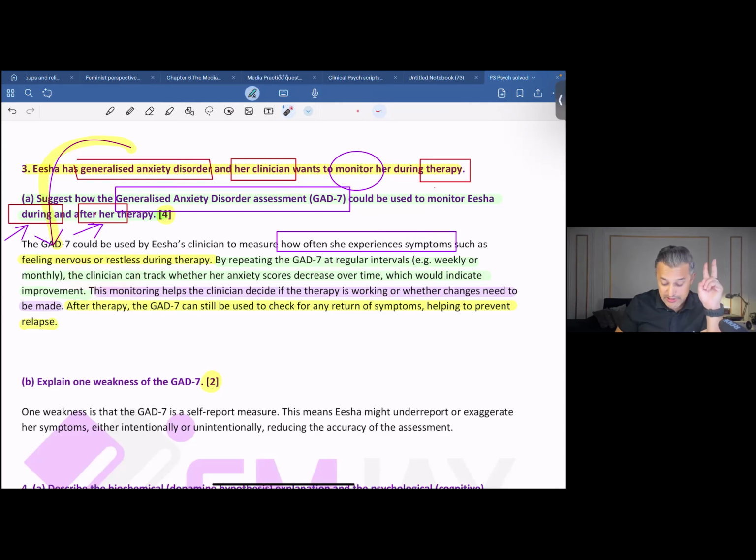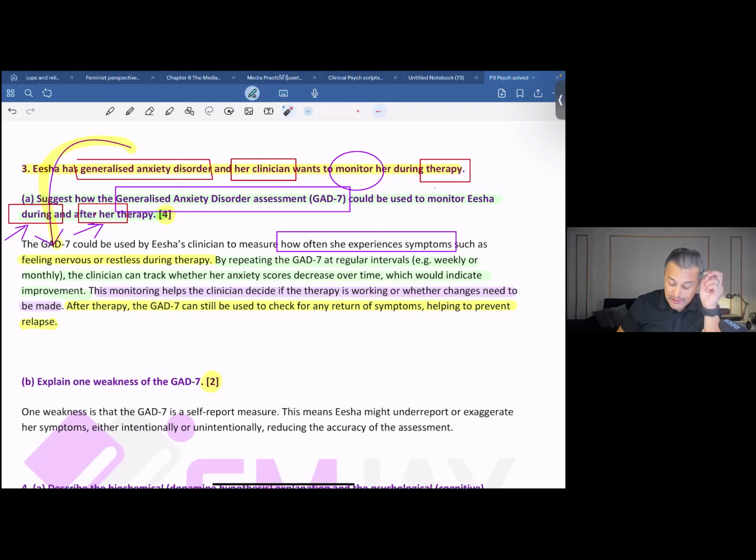This can help the clinician keep track of whether her anxiety scores decrease over time. So you have quantitative data now. You could very easily compare if Isha's anxiousness or generalized anxiety disorder symptoms are reducing or not reducing, which would indicate improvement.